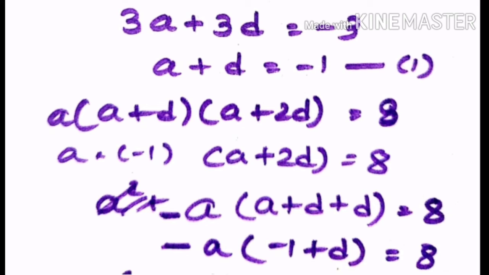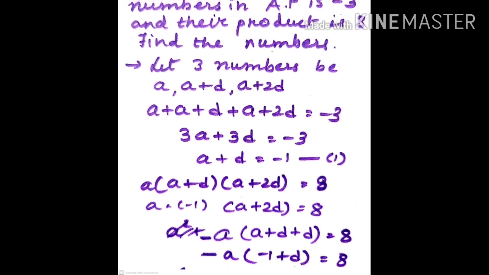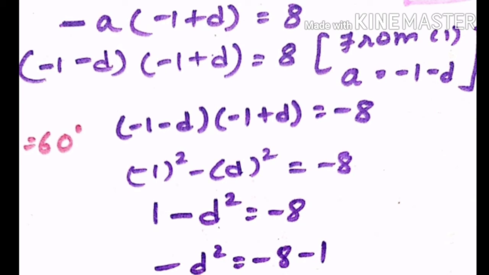Because again I want to substitute the value of a plus d. You can see our first equation is a plus d is equal to minus 1. So here instead of a plus d I will substitute minus 1, plus d, is equal to 8.